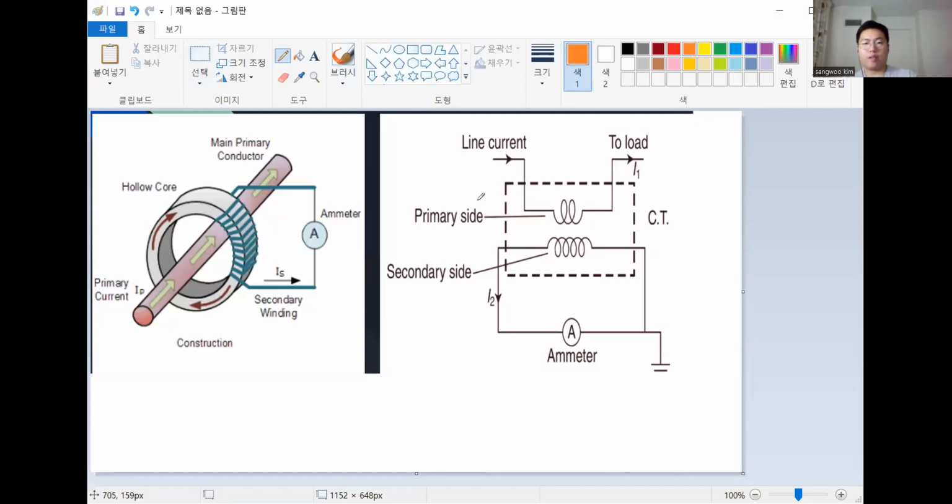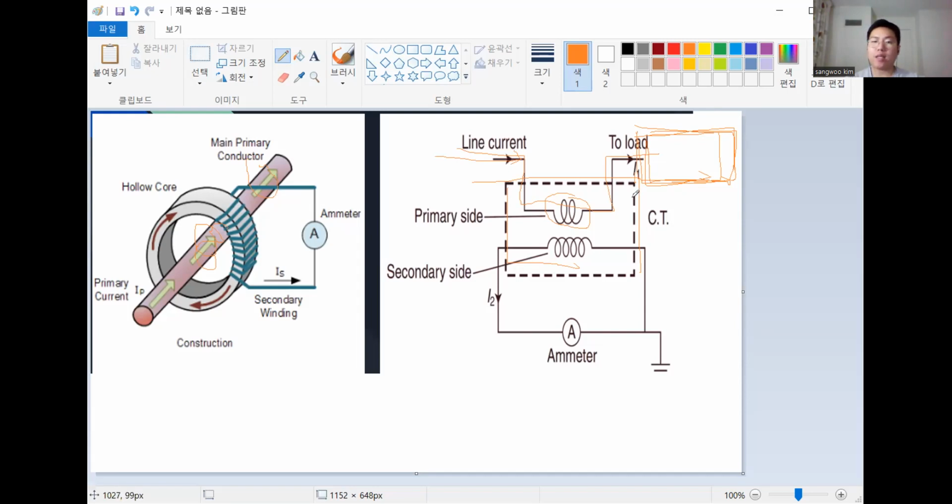So guys, here is the primary part, right? Only 1 turn or 2 turns. Here the load is on the primary part. The line current is flowing here, right? And using the CT, we want to know how much current flows, right?